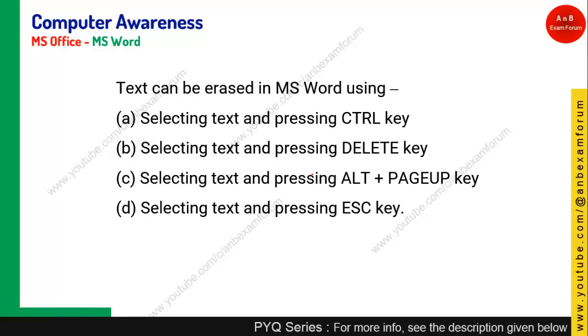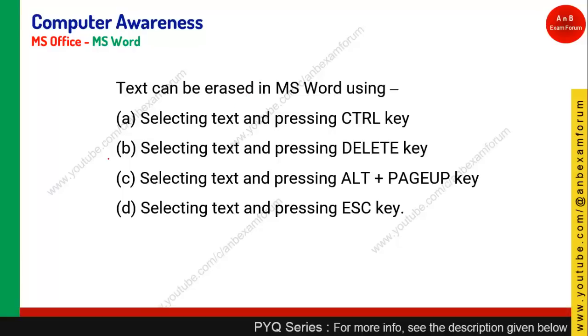Okay, text can be erased in MS Word using what? So you have text. If you want to delete the text, then obviously you need to press the delete key. And remember, the control key is always used in combination with another character like Control X, Control Y. The escape key is used to just cancel the operation basically.